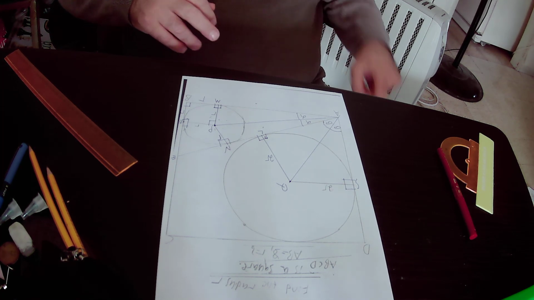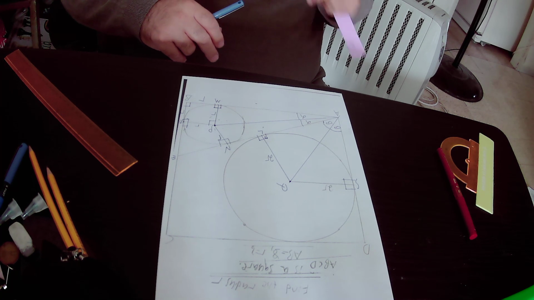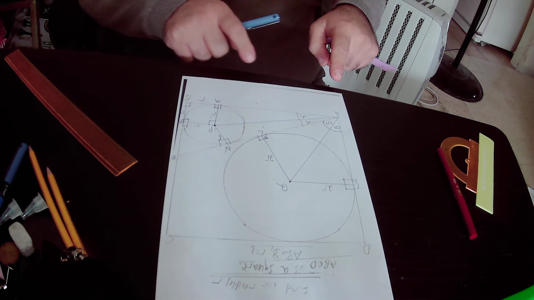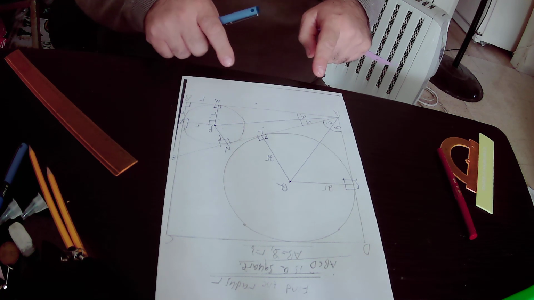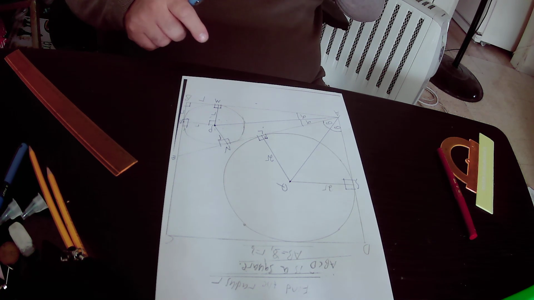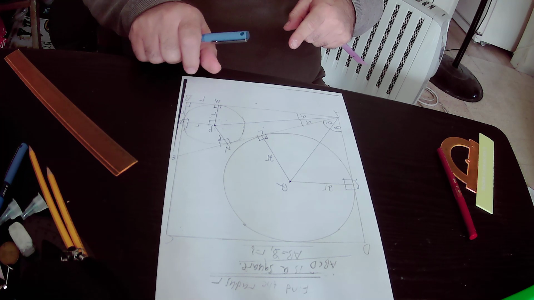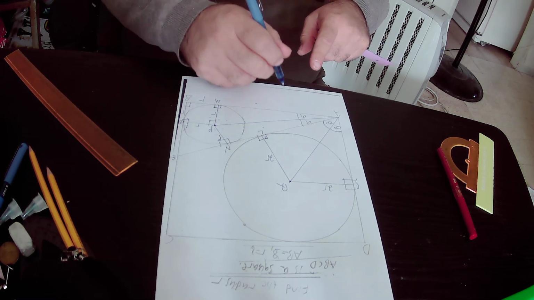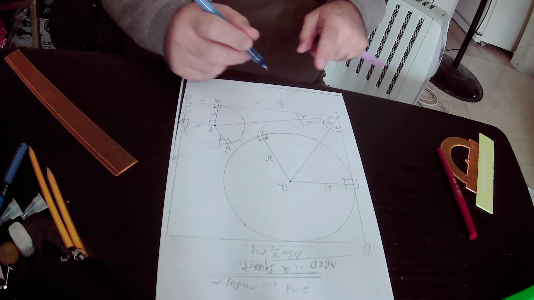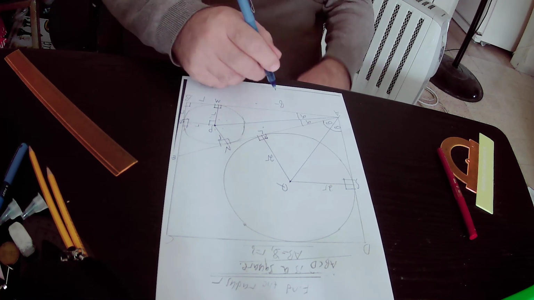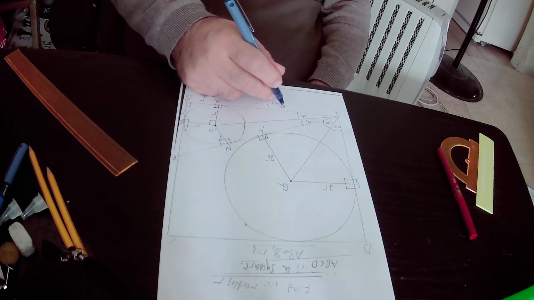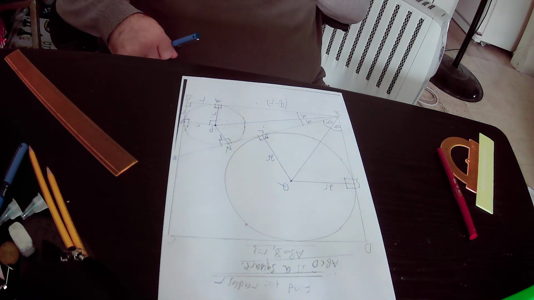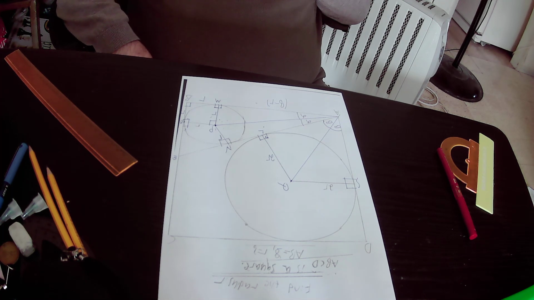So AB equals 8 units and MB equals R. So the size of AM will be equal to 8 units, that is AB, minus MB, that is R. That is to say, AM equals 8 minus R.